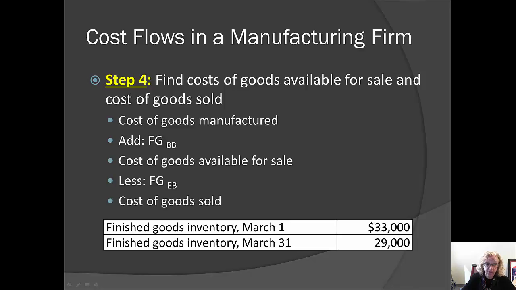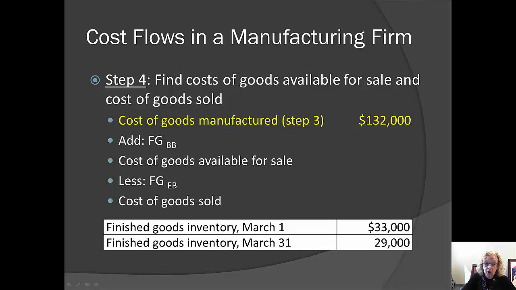Now, in step 4, we'll figure out the cost of goods available for sale and the cost of goods sold. So we just figured out that we have $132,000 worth of newly finished goods.